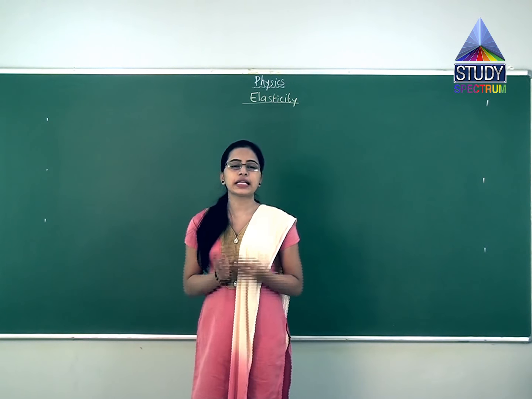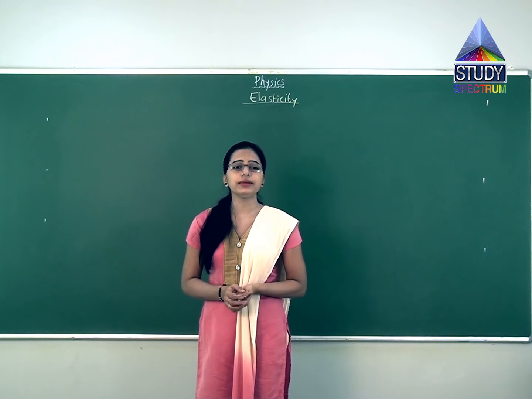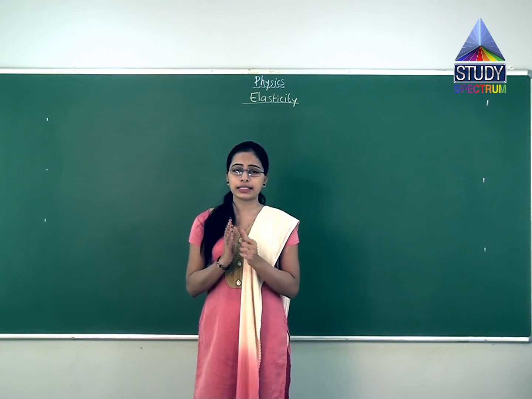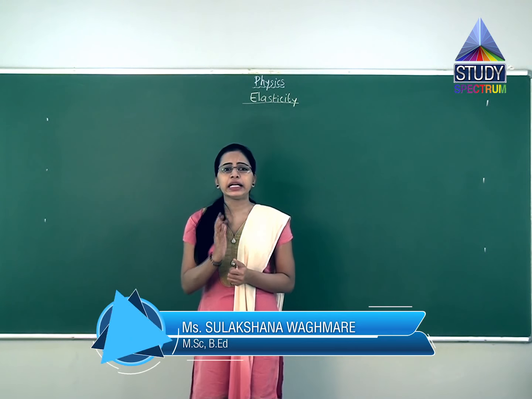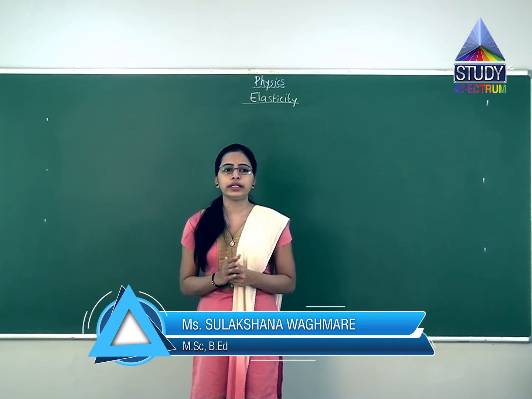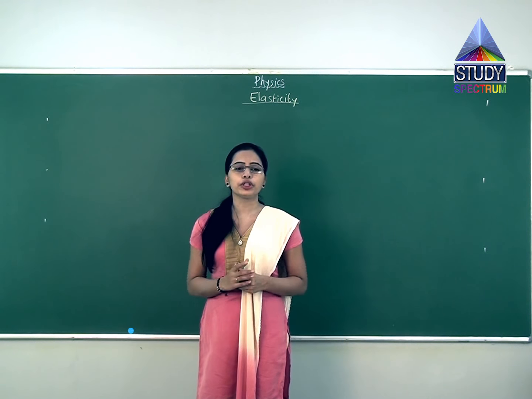Now let us move towards our next example. It is the fourth example from your textbook, an unsolved example. A copper wire 4 meter long has a diameter of 1 millimeter. If a load of 10 kg weight is attached at the other end, what extension is produced if Poisson's ratio is 0.26?